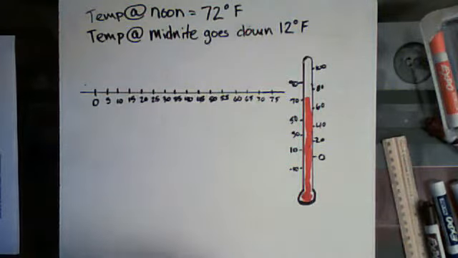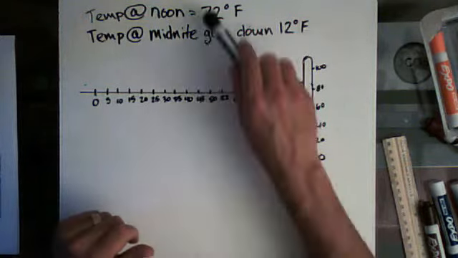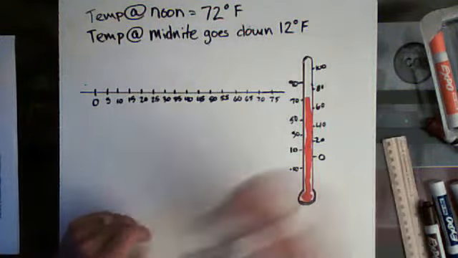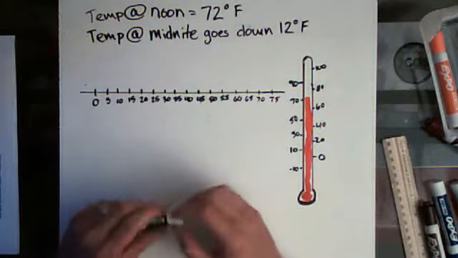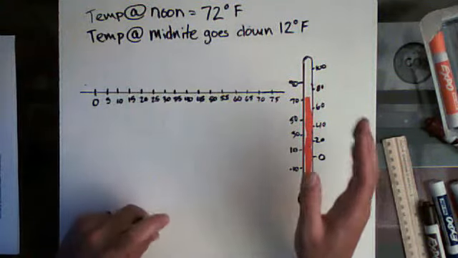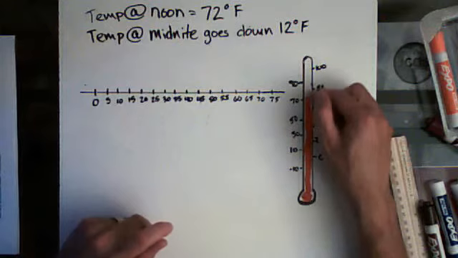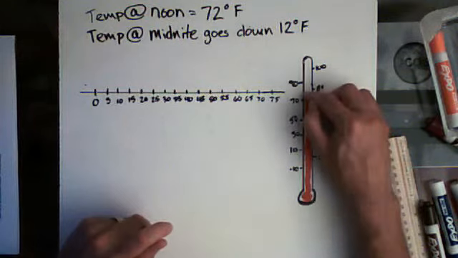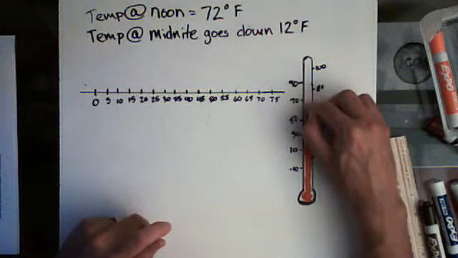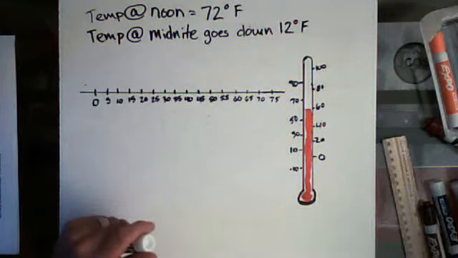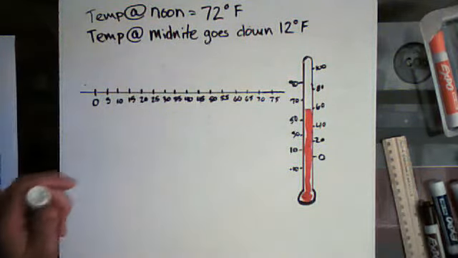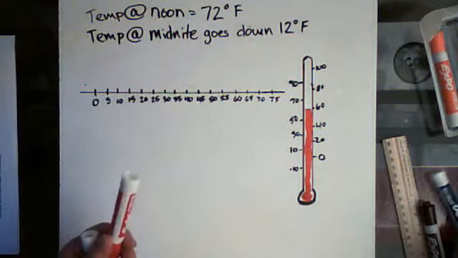Okay, for our last problem, the temperature at noon is 72 degrees. It's up here on the thermometer. By midnight, a cold front moves in and the temperature drops by 12 degrees. It goes down 12 degrees. We can illustrate this on our number line.